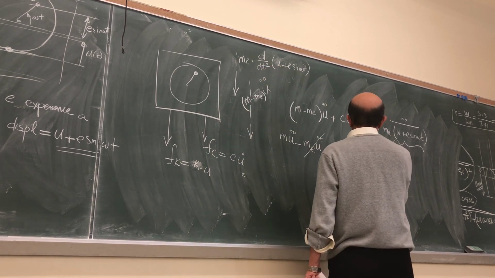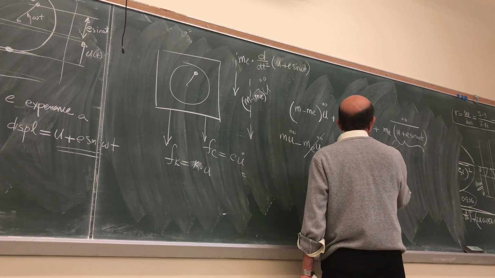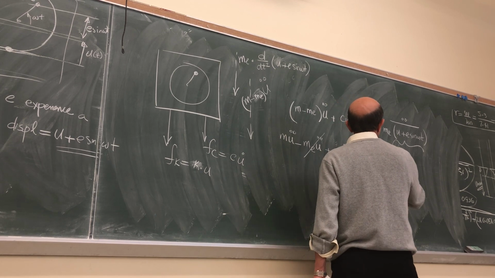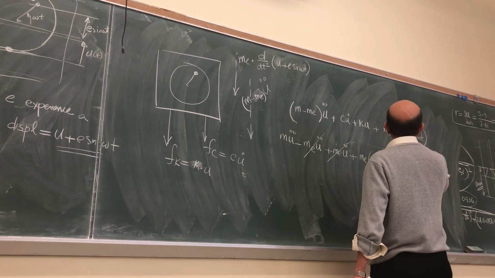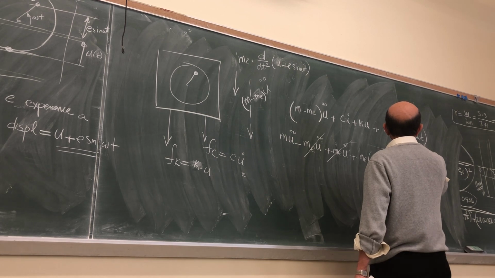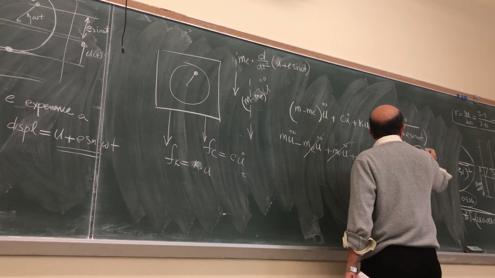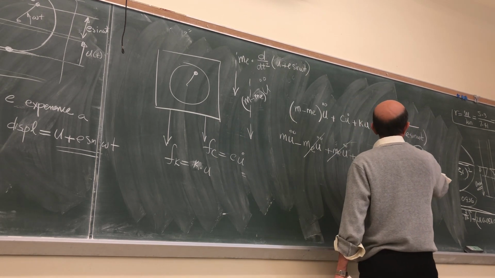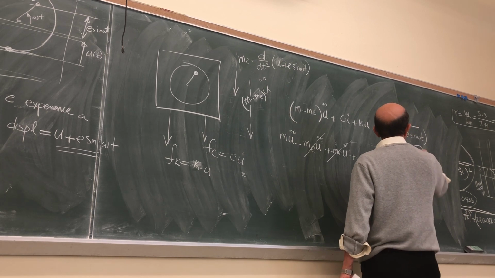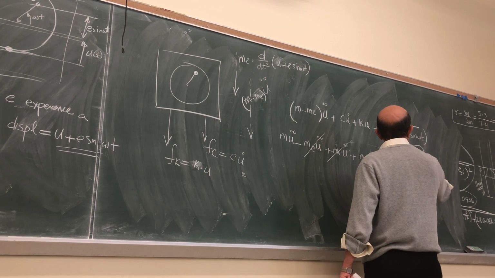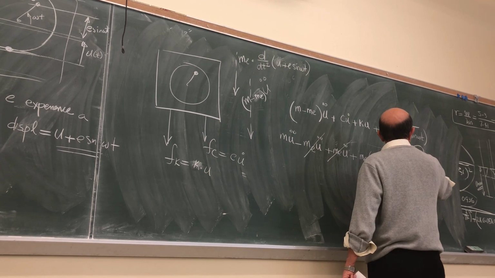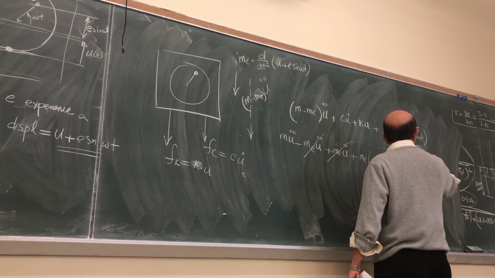Then the first derivative of the second term is E omega cosine omega t, and the second derivative would be minus E omega squared sine omega t.